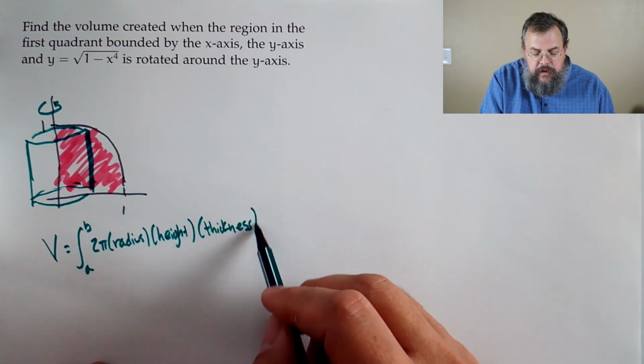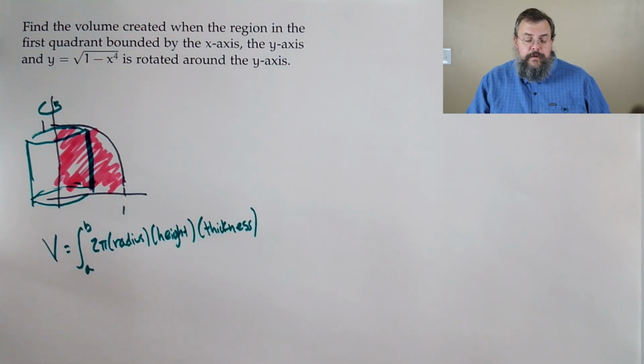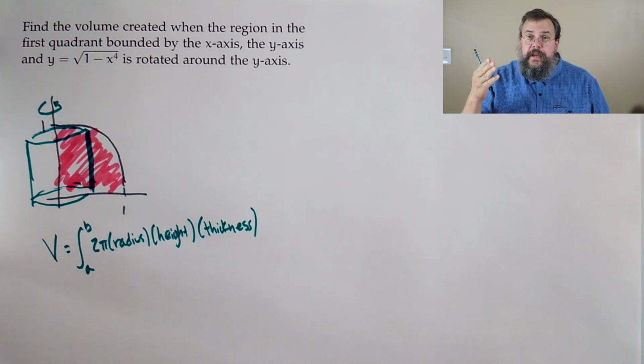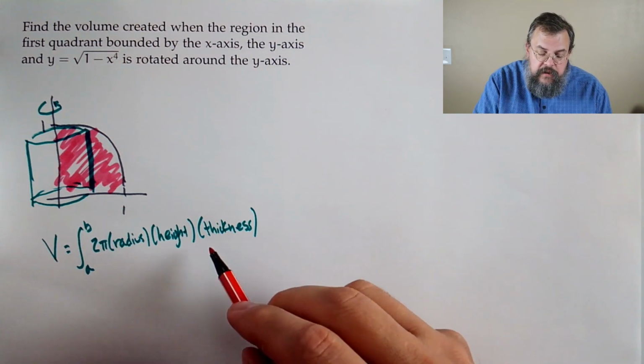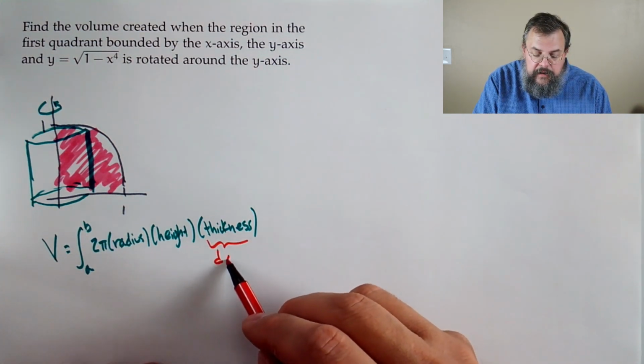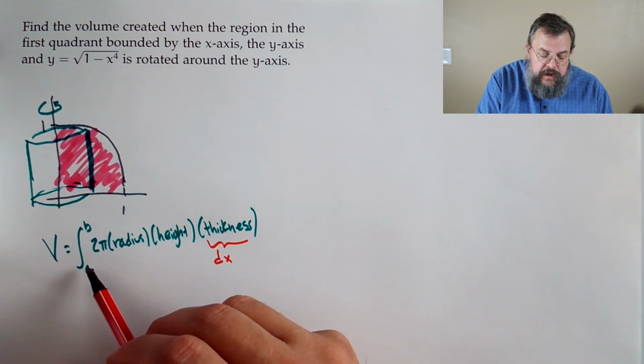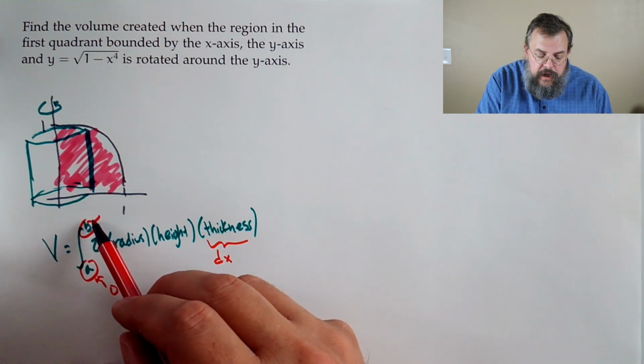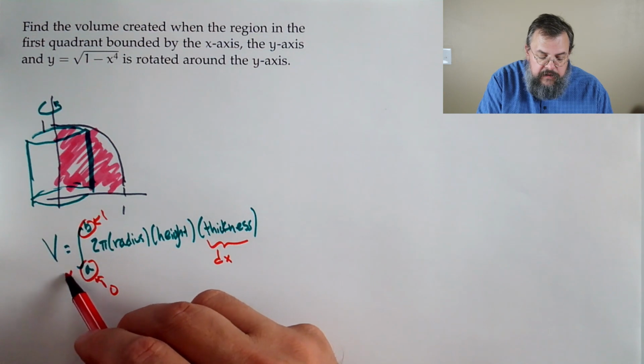Okay, so that's what integrals look like when we're doing the shell method. Now, a lot of this is pretty straightforward. No big surprises. We can see our thickness because we're looking at these nice vertical slices, so our thickness is really a dx. Where does x go from? Well, we start at 0 and we end at 1.